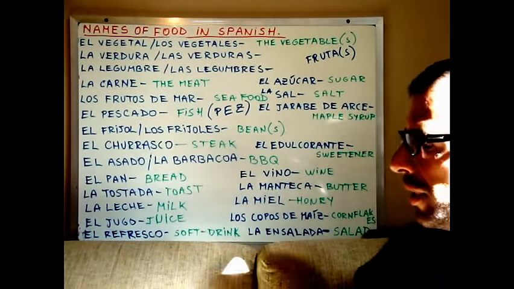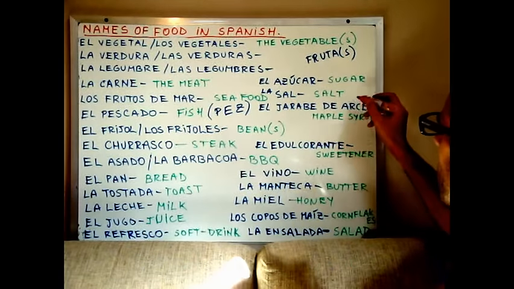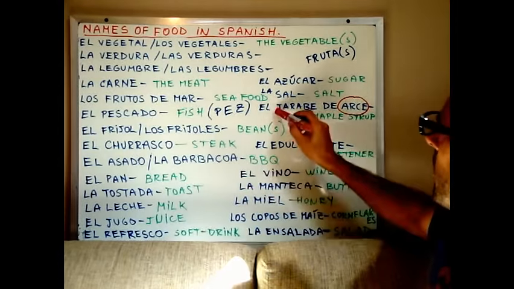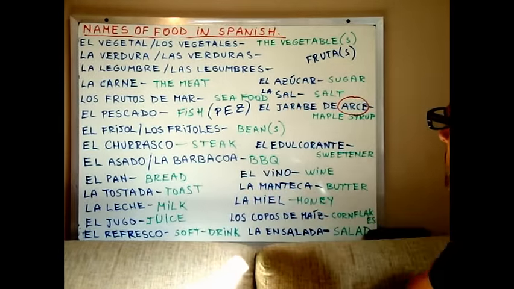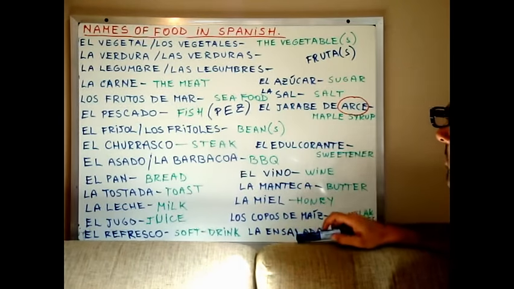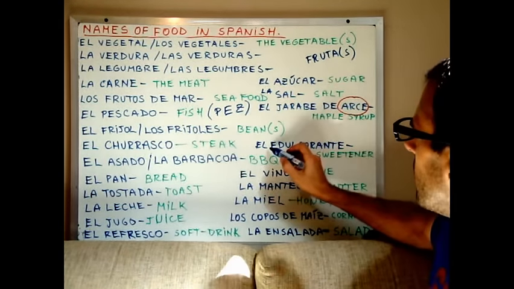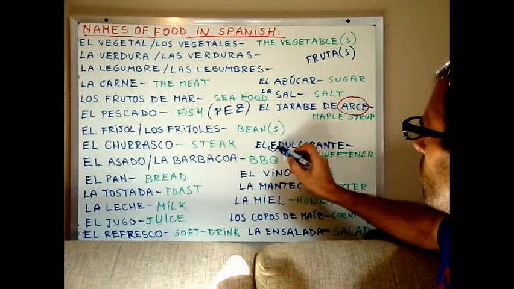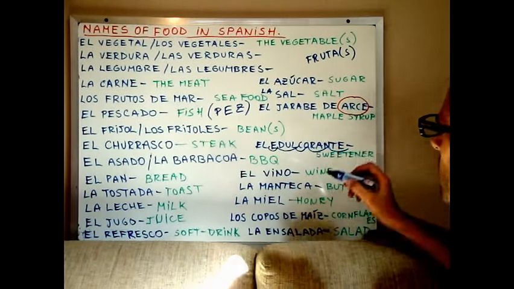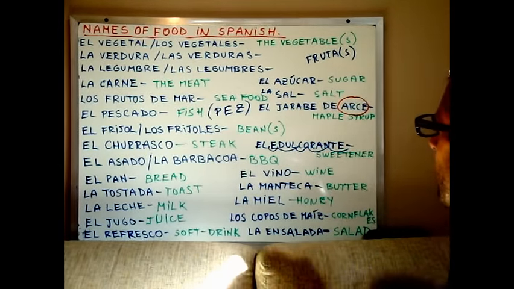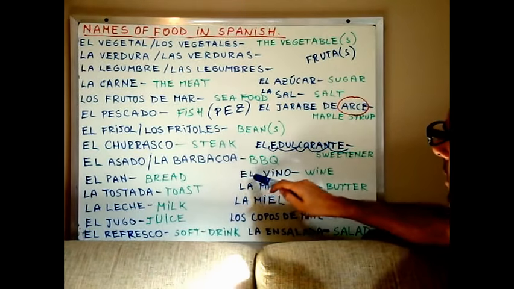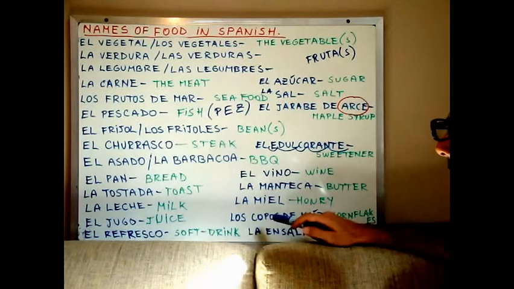Arce is the tree, the maple tree. Jarabe means syrup. El edulcorante, okay? This has one, two, three, four, five syllables. Edulcorante, the sweetener. El vino, for the wine.